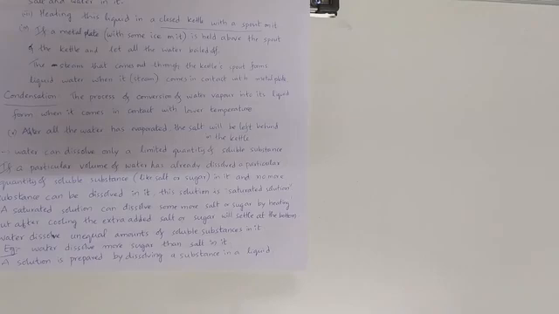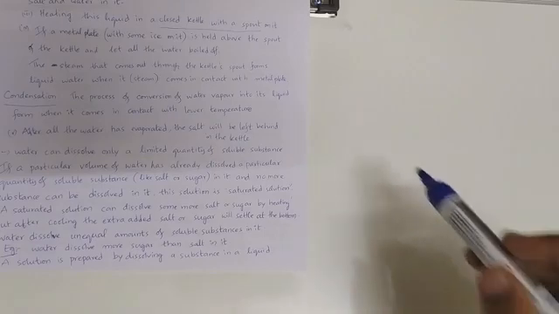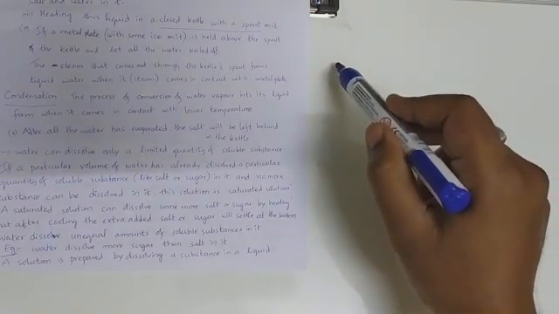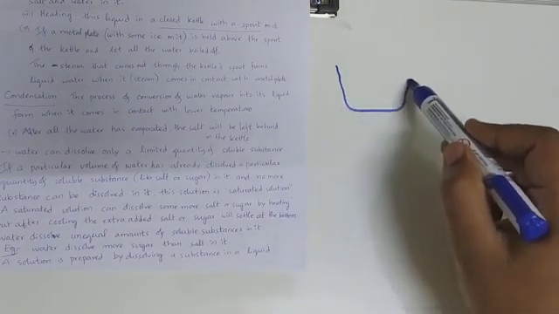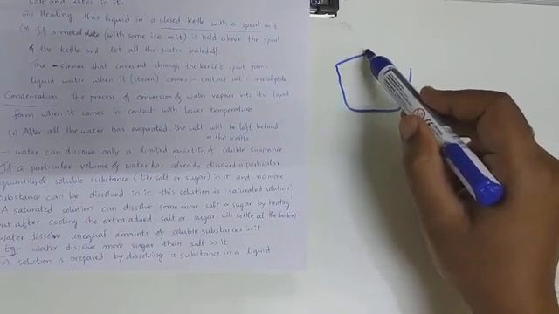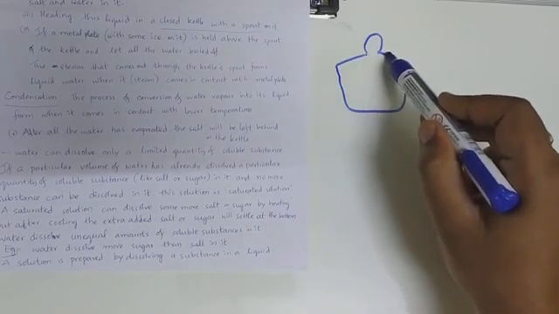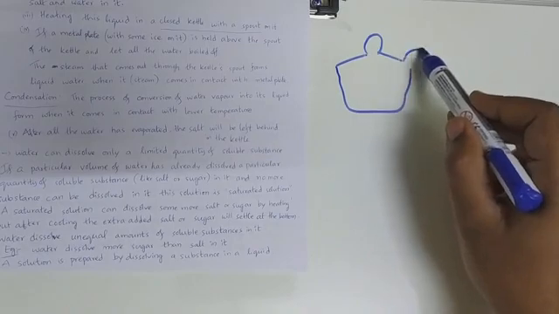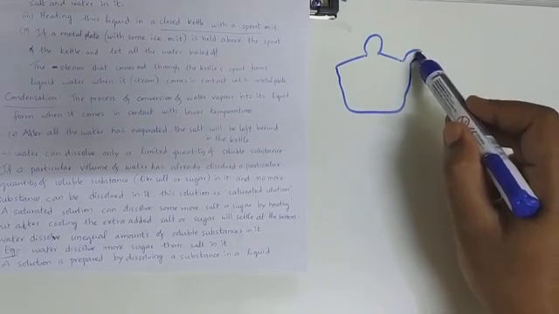By keeping it in a closed kettle which has a spout on it. So, we have to keep that liquid in a closed kettle that has a spout on it.